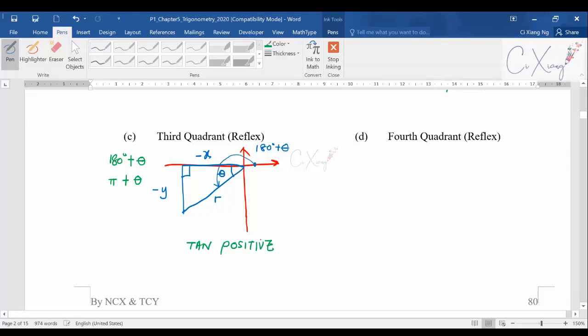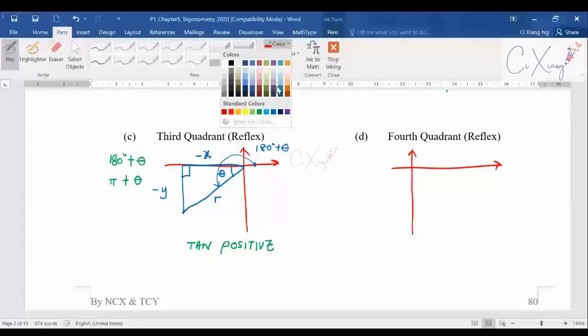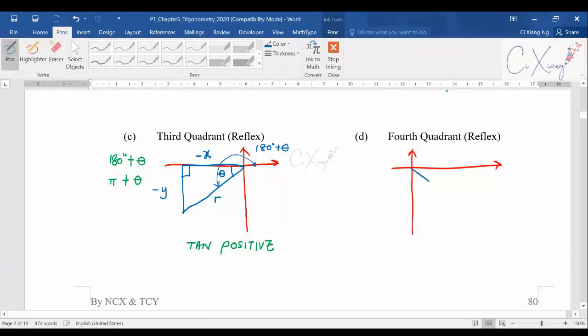After that, for the last quadrant, the fourth quadrant, the triangle that we are going to use to get the value is this triangle. This is theta again. This is negative y, this is positive x, and the hypotenuse is always positive 1.